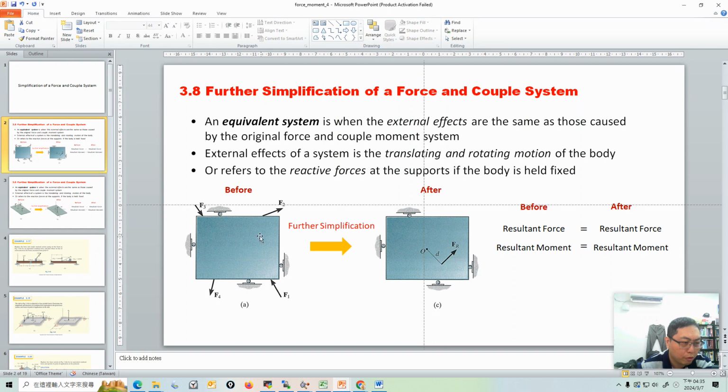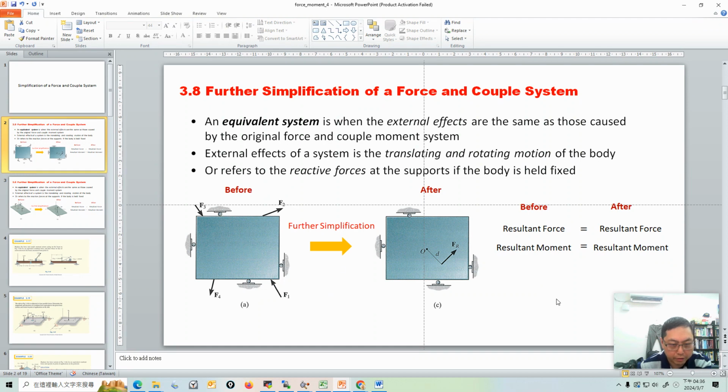For example, for this member, we apply a lot of external forces and want to make a simplification. The simplification is that we only have one resulting force acting at a certain distance with respect to the reference point. Okay, this is just the concept.